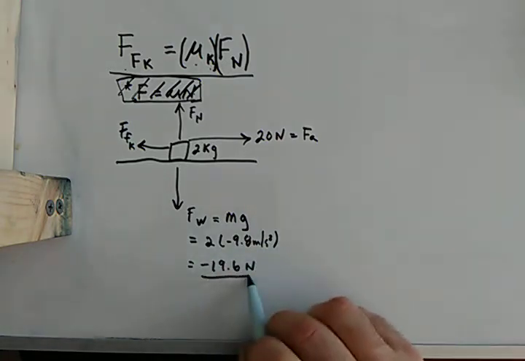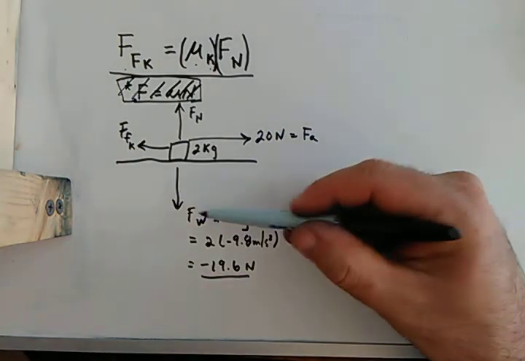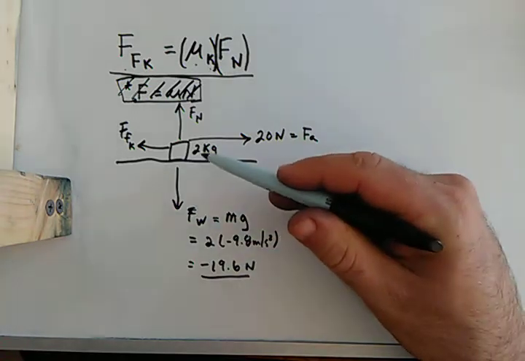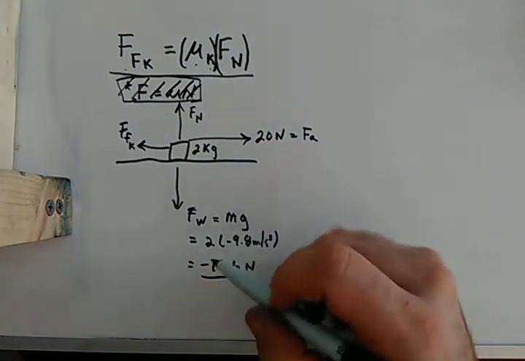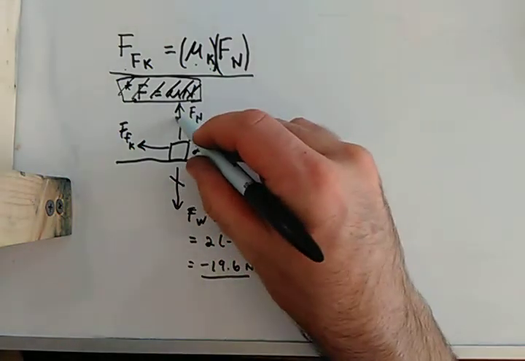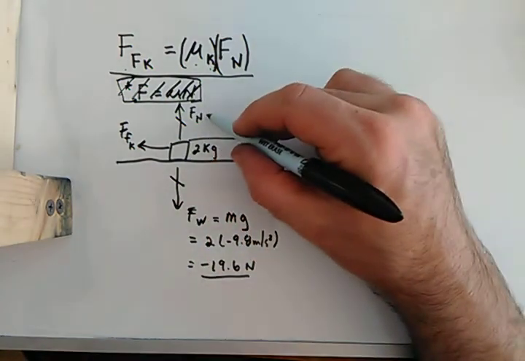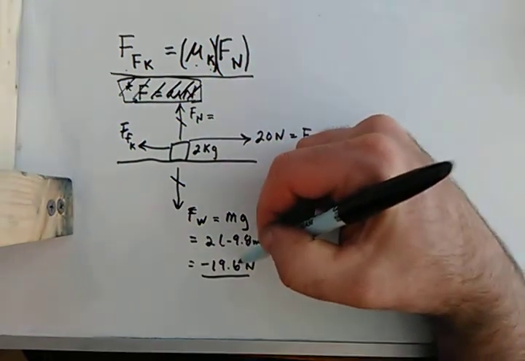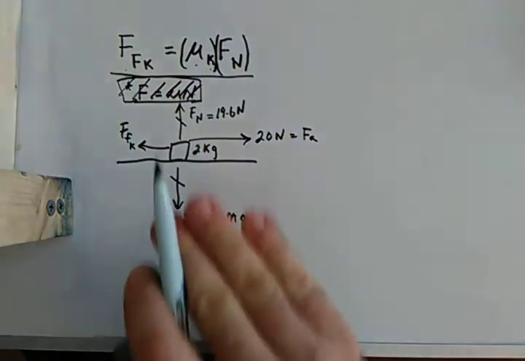Now don't forget to convert mass to weight, FW. So what this thing weighs is negative 19.6 newtons. Now we know that this is equal to this because these two are balanced. So the normal force is equivalent to the opposite of this: 19.6 newtons, straight up.